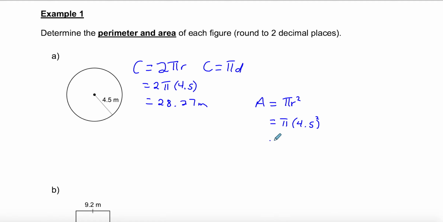If I didn't have a scientific calculator, I would type in 3.14 times 4.5 times 4.5. You have a squared button on a scientific calculator though. Hopefully you have one. I get 63.62, and this is an area question, so the units would be meters squared.